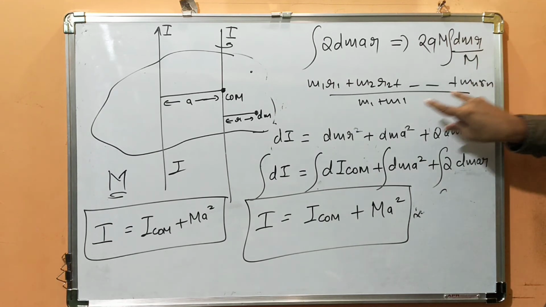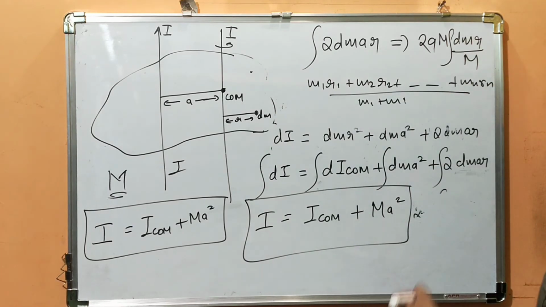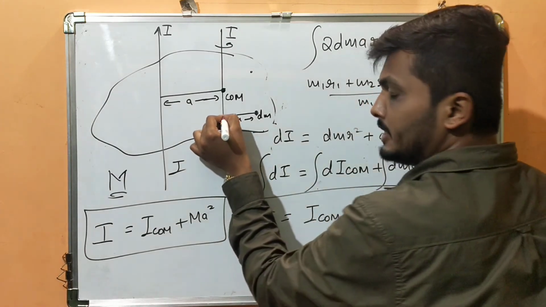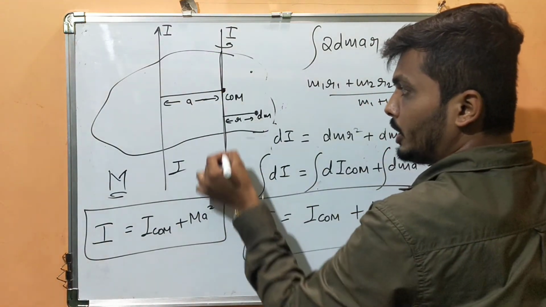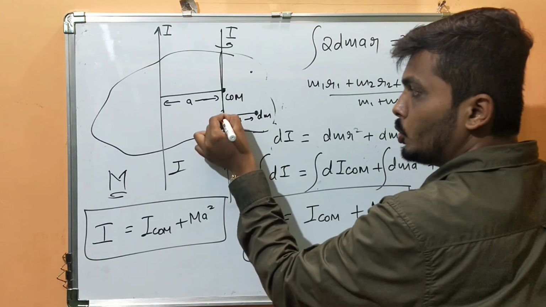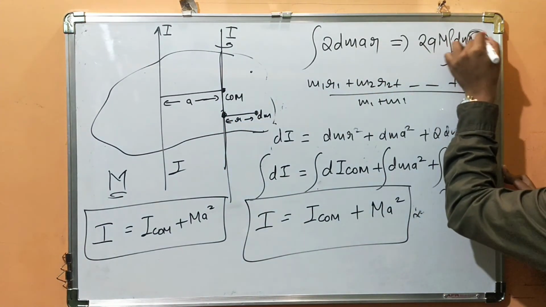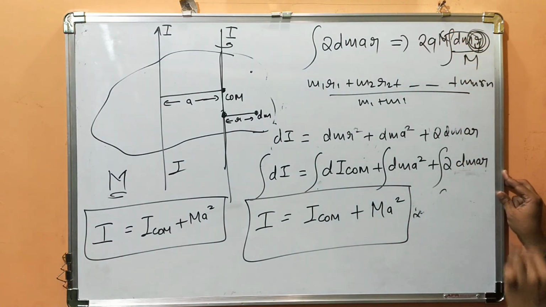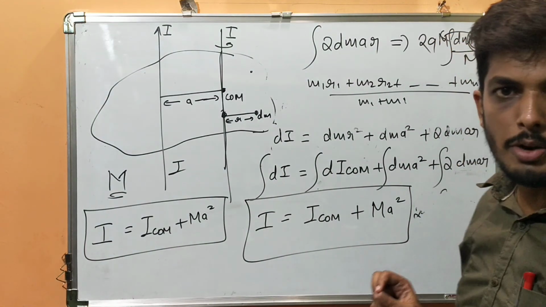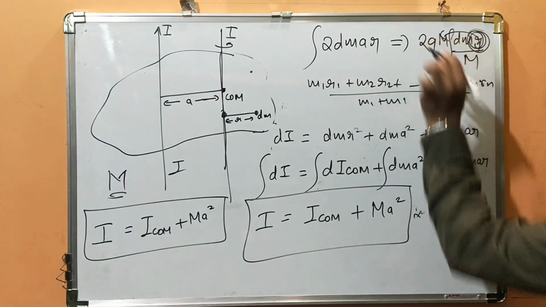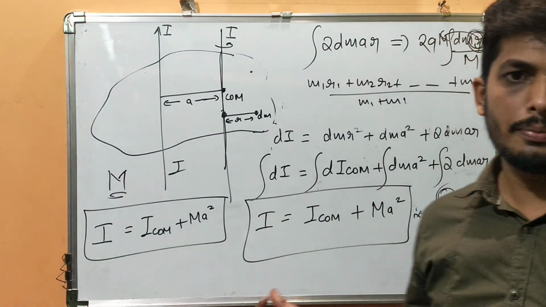So m1, m2, m3 will give you total mass m. But fortunately, what is this r? This r is the distance, and about which axis are we taking it? About the center of mass. This is the origin, so definitely r will reduce to 0. So 0 into anything will be 0. In the exam you can straight away write 0, no need to explain why. You can stop it here.